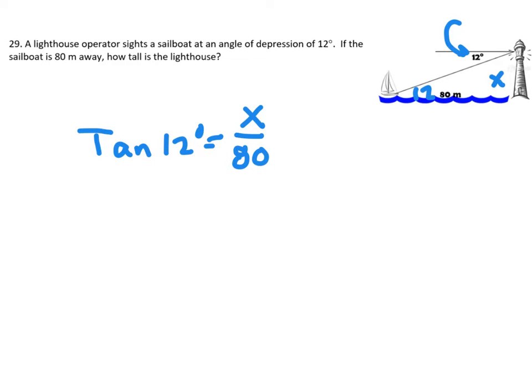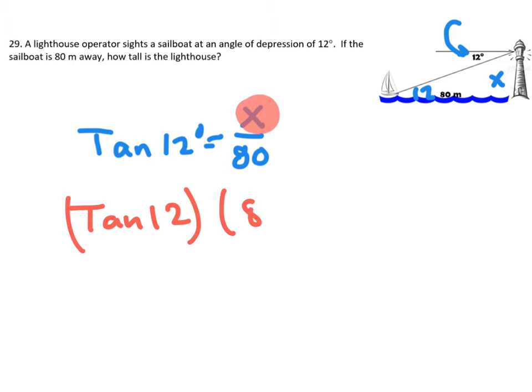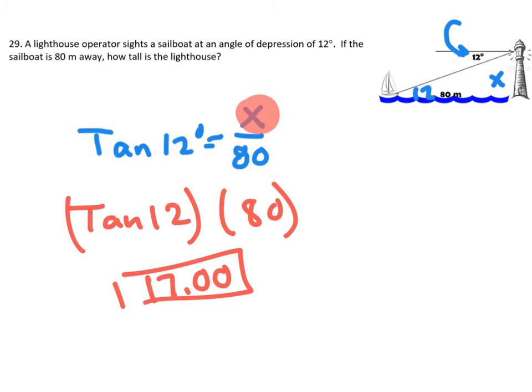Again, as mentioned in the previous question, because x is in the numerator spot, we're going to just multiply these. The tangent of 12 times 80 gives us 17.00, actually, as the height of the lighthouse.